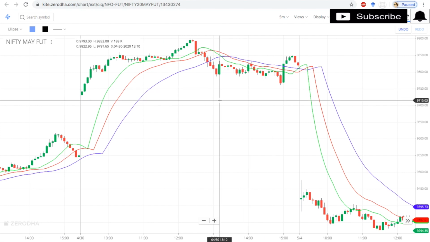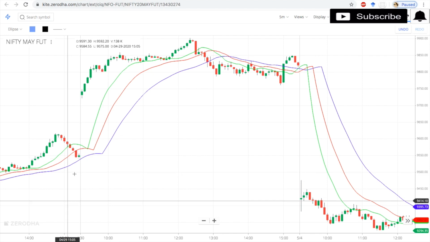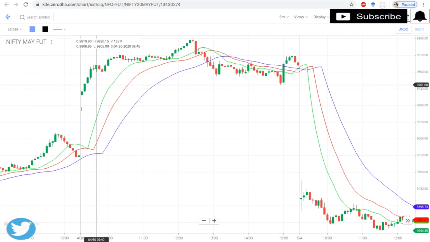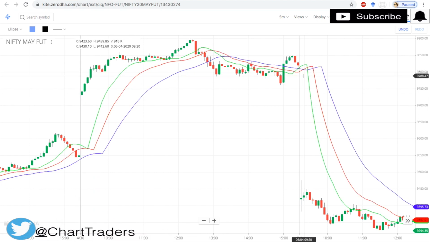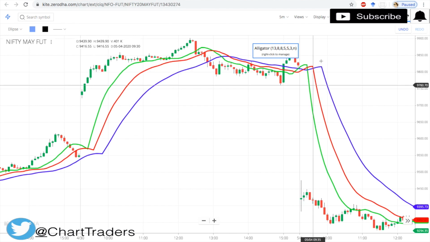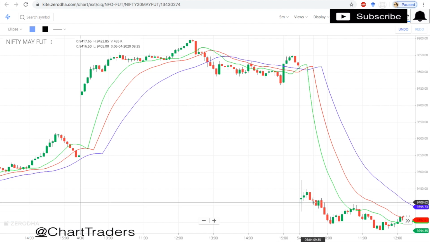Now most of the time the alligator indicator gives an entry signal when the price has already made a decent size move. As shown in the figure, it is crossing your lines, and the price has already given a huge move. In the same way here, it crosses your remaining lines, lips line, teeth line and jaw line, and the price has already given a decent move.